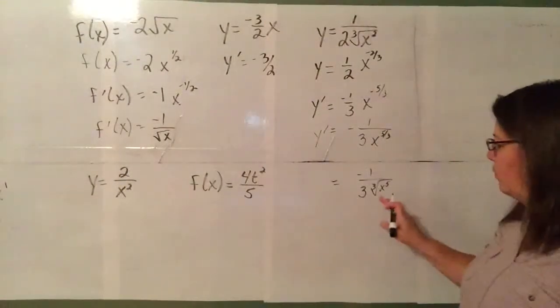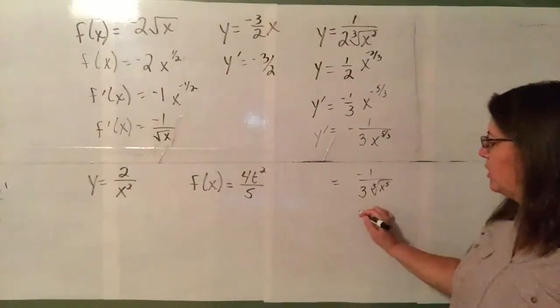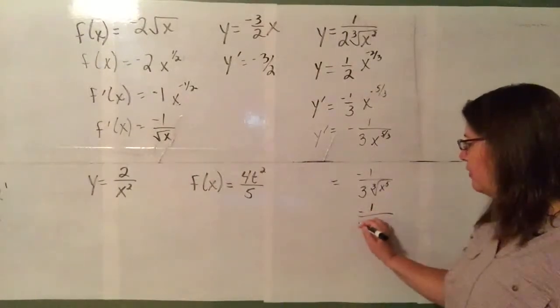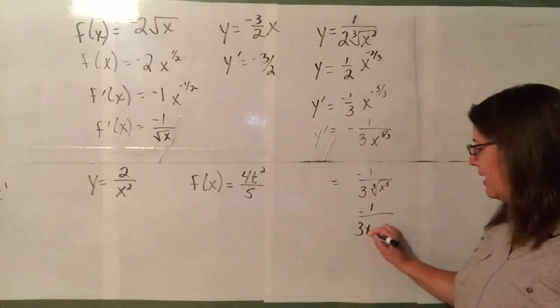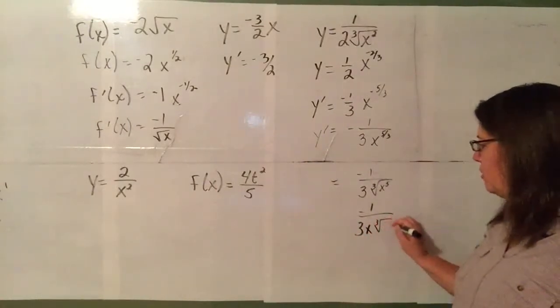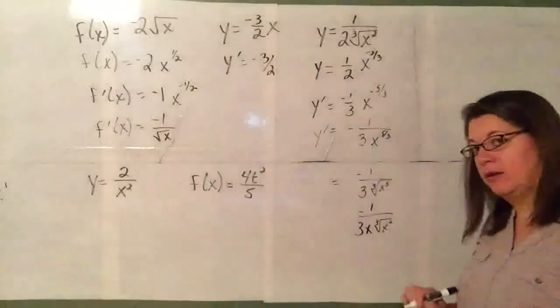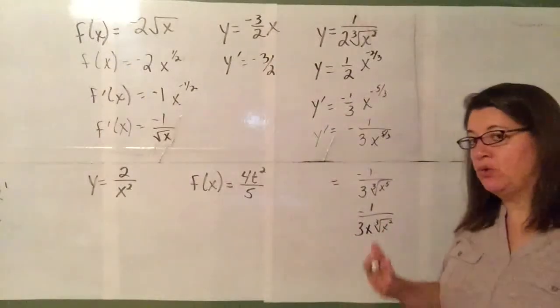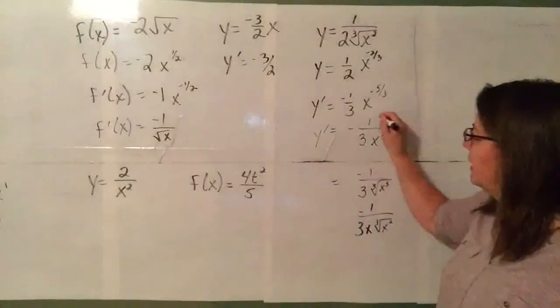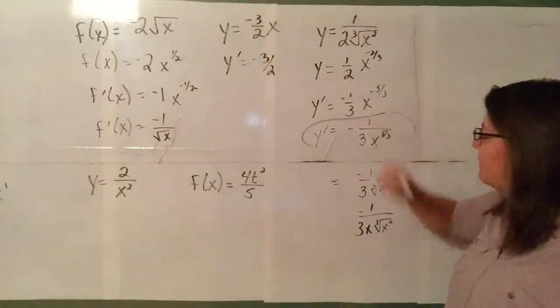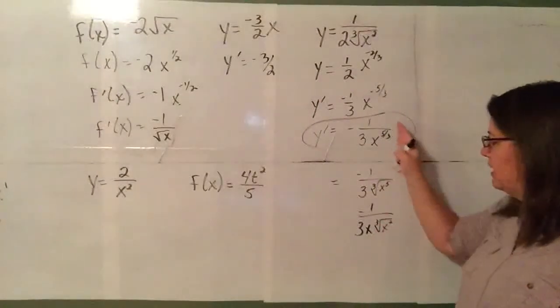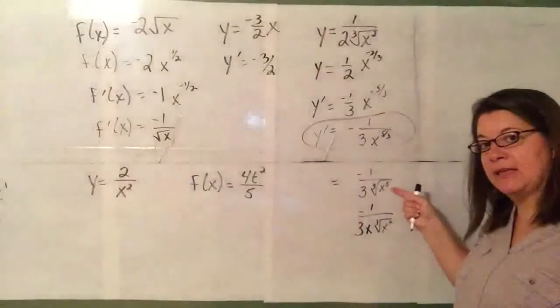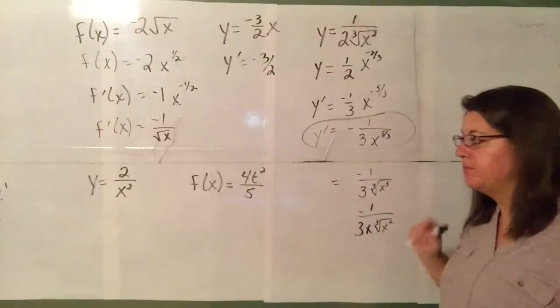So if we put it back in radical form, we do need to go a step further and write it as -1/3x times the cube root of x squared. So I tend to save myself work and just leave it like that, okay? But either one of those is fine. Just make sure you don't leave it like this because it can be simplified.